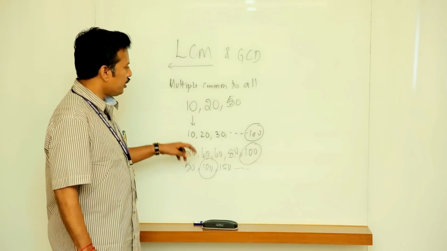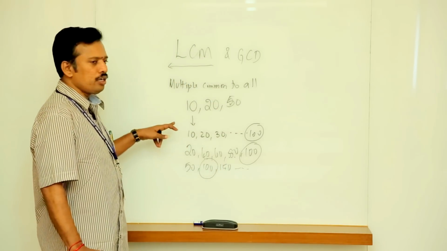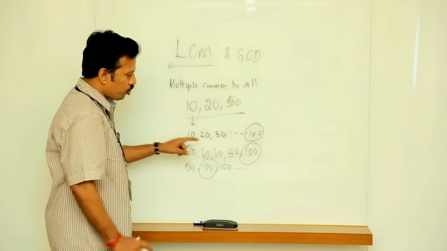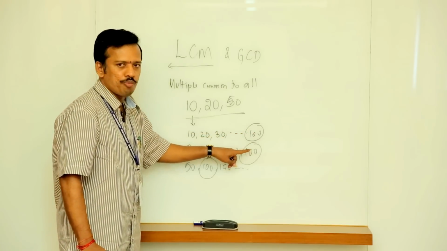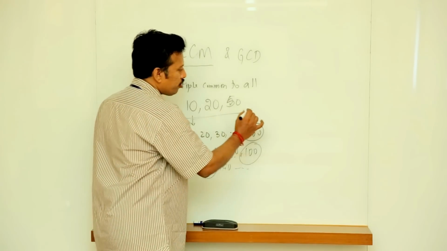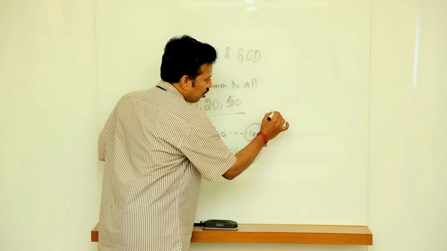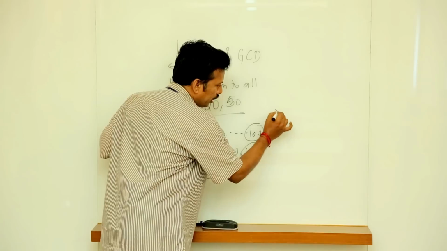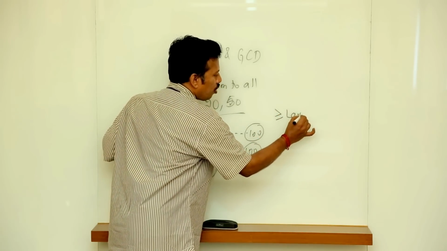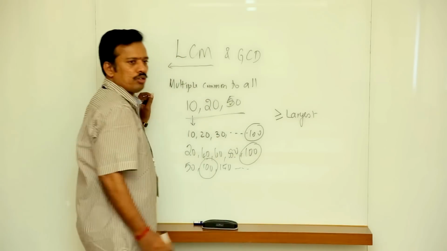When you analyze the values present here, out of these three numbers, your least common multiple comes to 100. So, simply saying, LCM is always greater than or equal to the largest of all the numbers which are given.